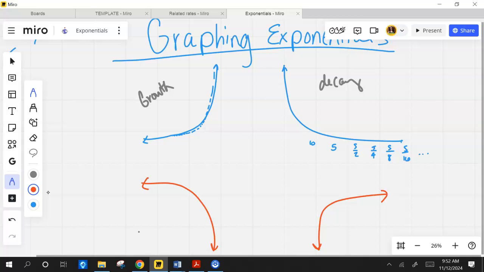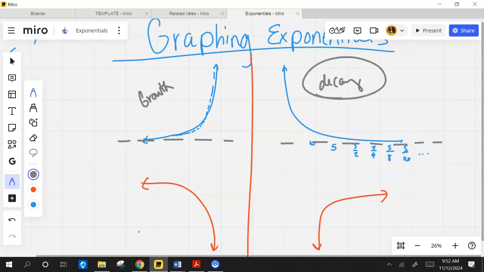Now, we talked about this little value that it's approaching. The decay is starting from there, going down. Yes, that's why it says decay.